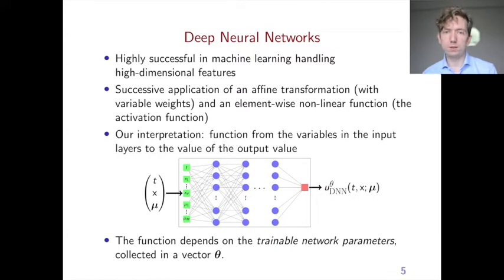Hereby, the weights of the transformation are variable and will be adapted to the problem at hand. In the following, we interpret the network as a function which maps the values from the input layer to the output layer. The input layer will consist of the time, state, and parameter values, while the output layer will approximate the option price. The aforementioned weights parameterize this function.